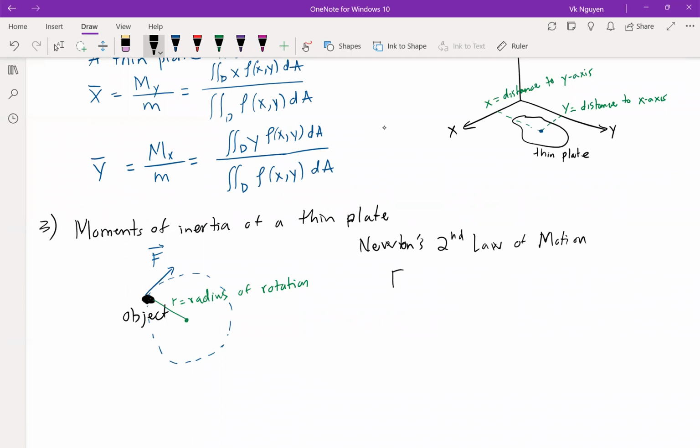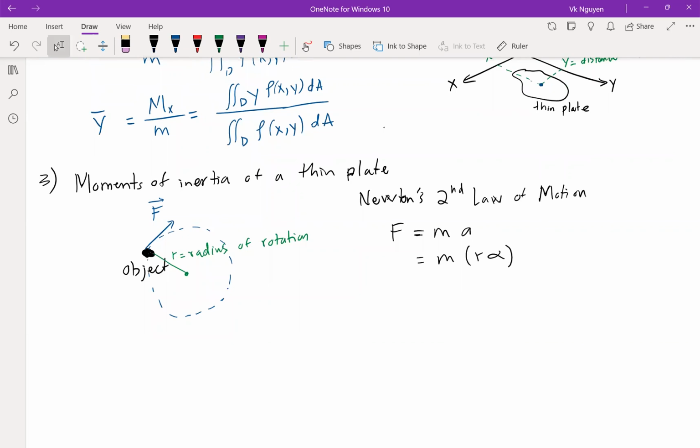F is equal to, force is mass times acceleration. Well, this is an angular acceleration. So the acceleration is going to depend on the radius. M, the acceleration here is R alpha. I'm going to have some notation. So the alpha here is the angular acceleration.